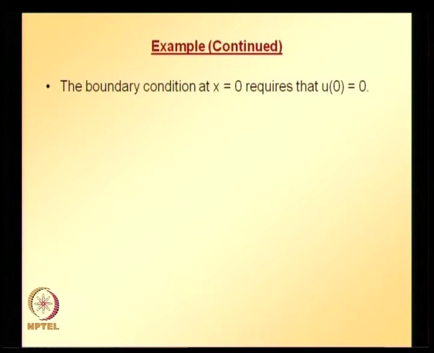And if you see the other boundary condition, we need to evaluate at x is equal to 0, and the essential boundary condition is already given, that is u evaluated at x is equal to 0 is 0.